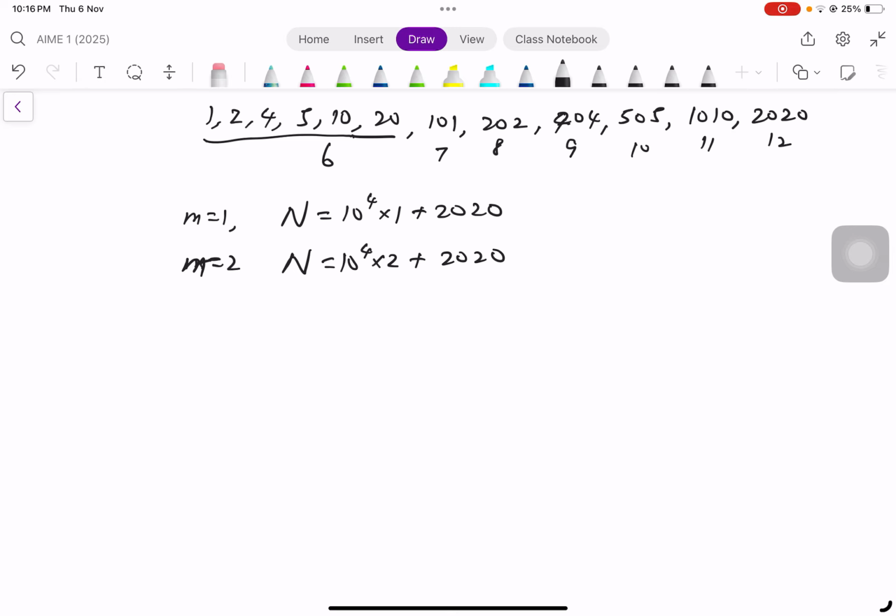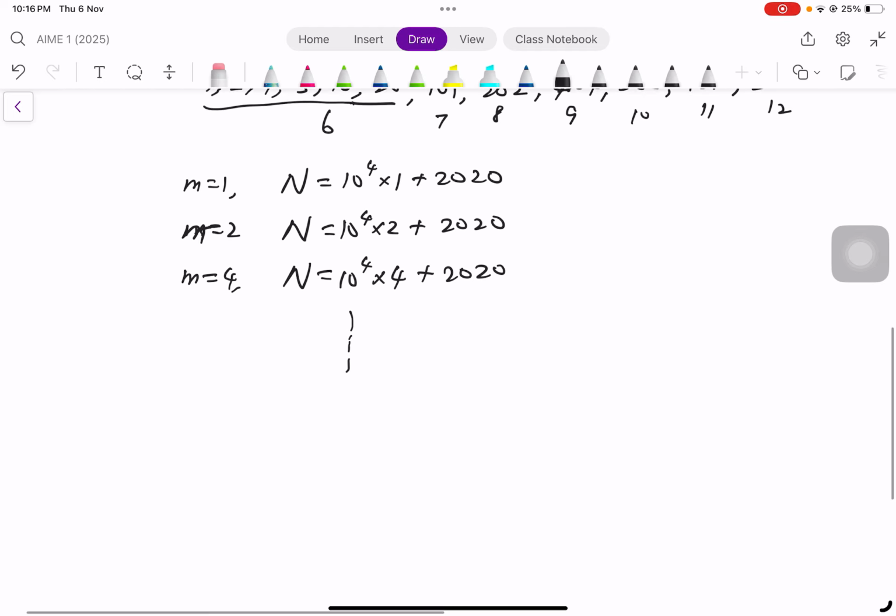Then the next one, m equal to 4, then N will be 10 to the power of 4 times 4 plus 2020. And the whole thing goes all the way to m equal to 2020, and then N is 10 to the power of 4 times 2020 plus 2020.